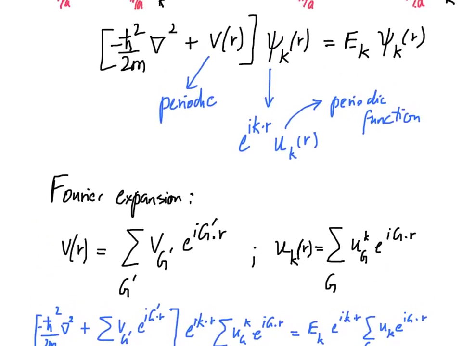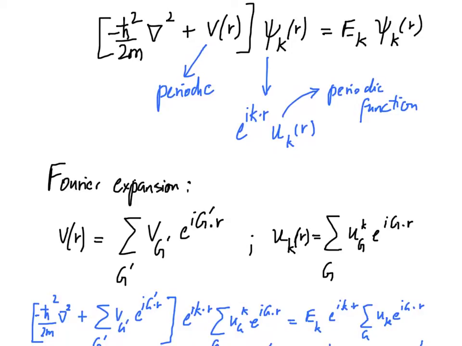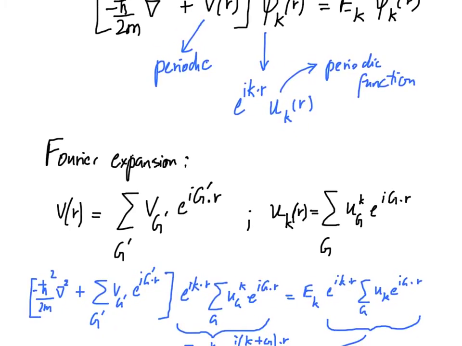So here was our original Schrodinger's equation at the top of the slide, and then we resorted to the Fourier expansion of the periodic potential and the periodic part of our wave function. In principle, note that these two series are infinite series. But in practice we have to truncate them.